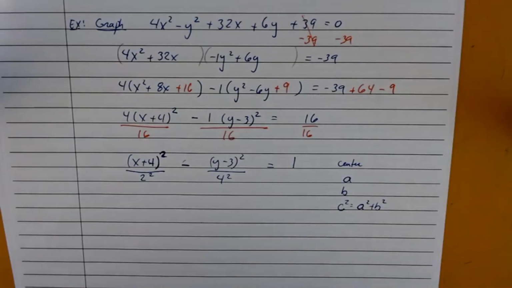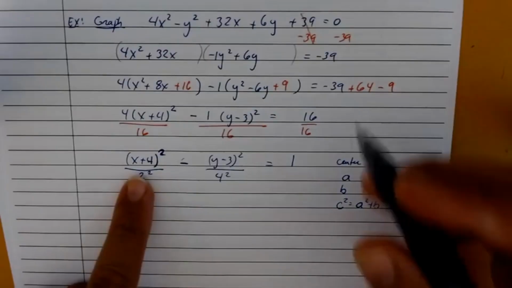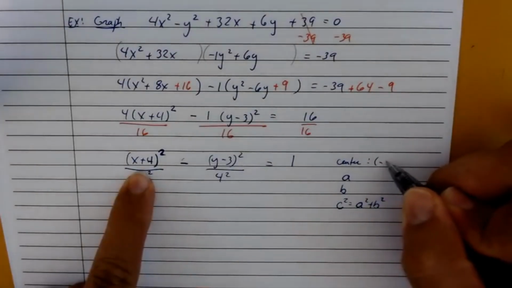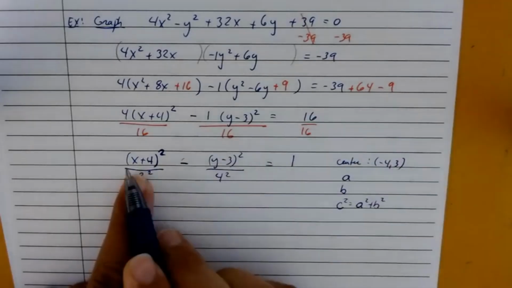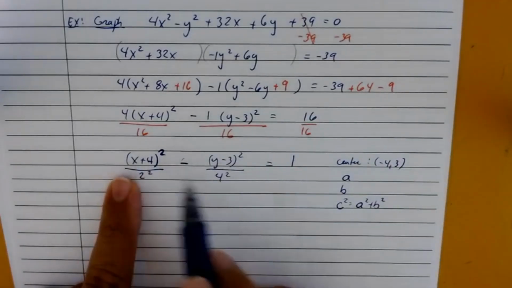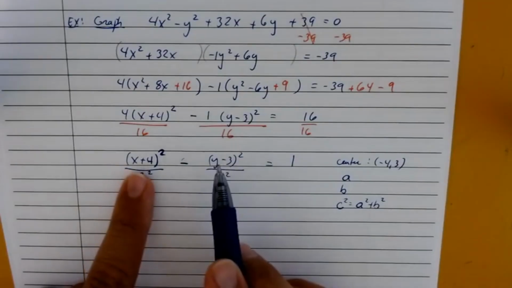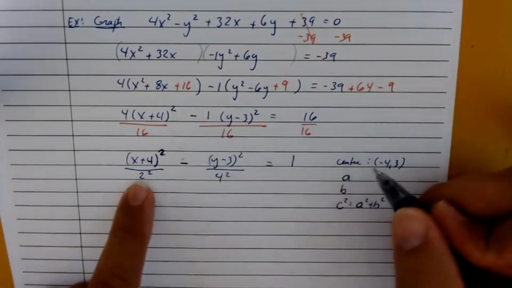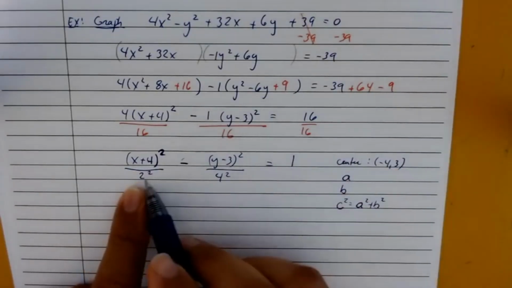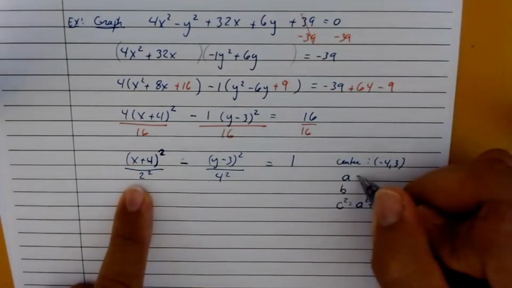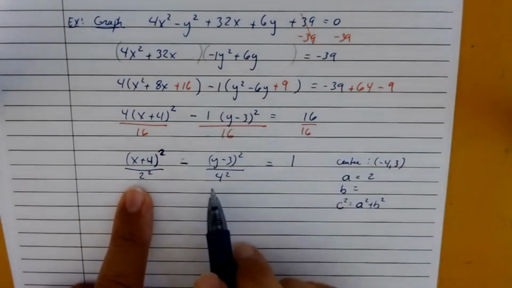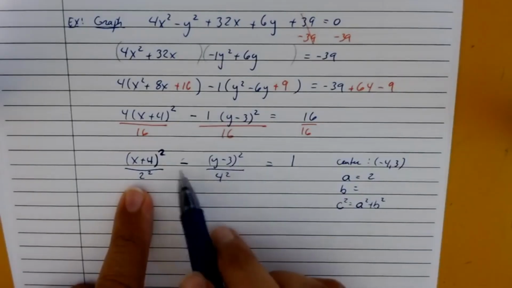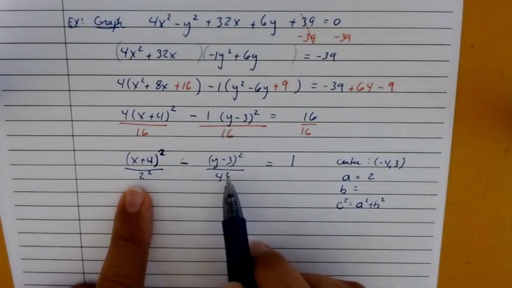All right, so we have our center. That's going to be negative 4, 3. You plug in a negative 4 for x and a 3 for y to make these 0. Negative 4, 3. Our a is going to be the denominator of the positive term. Right? That's a squared. So a must equal 2. And then b squared is the denominator of the negative term. So 4 squared is b squared.